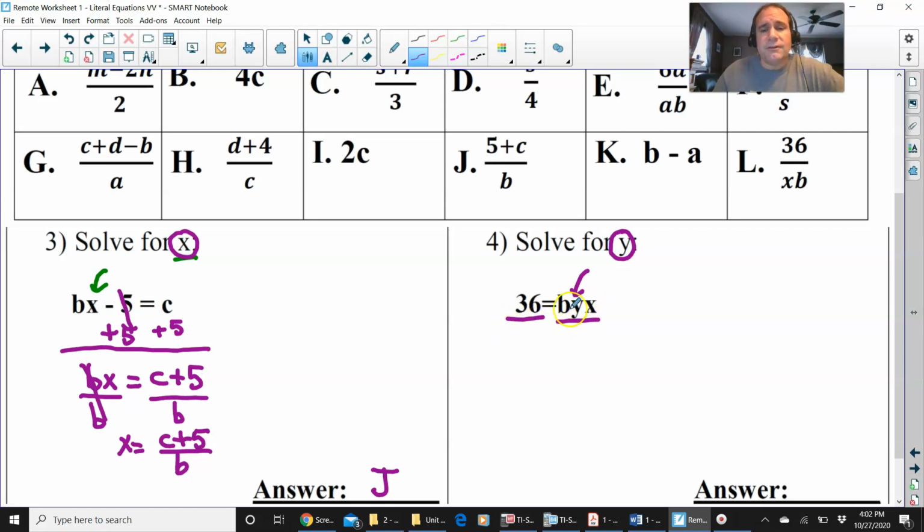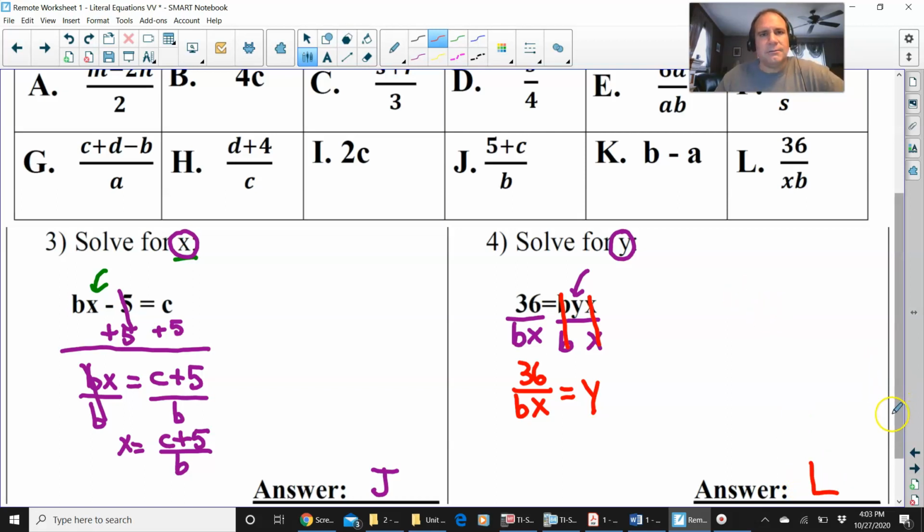I want to divide by the variables that I want to cancel. And in this case, it is the b that I want to cancel and the x that I want to cancel. I'm going to divide by that on both sides. Once I divide by b and x, the b's cancel, the x's cancel, y comes down equals 36 over bx, or xb. So L is your answer.